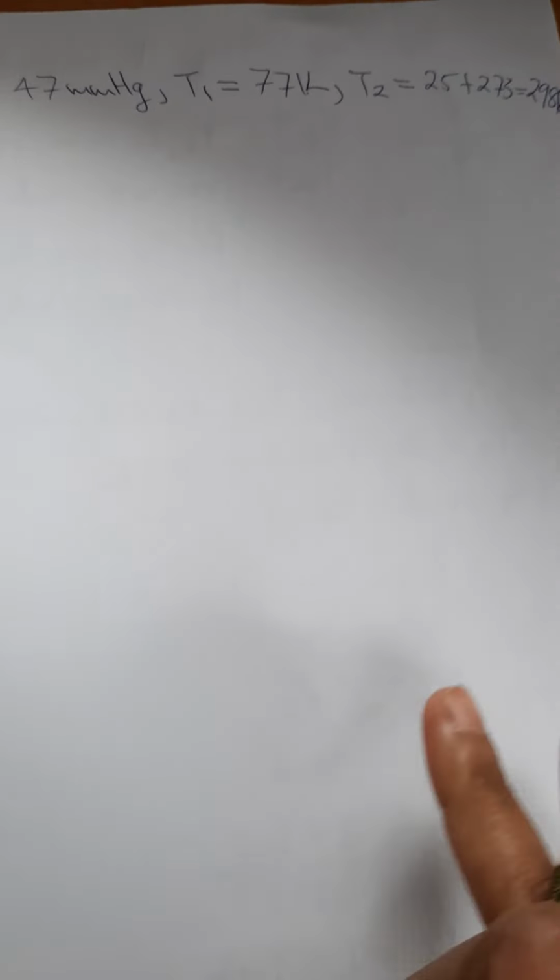What is the pressure in the container when it warms up to a temperature of 25 degrees Celsius? We're going to change that into Kelvin, so 298 K. You'll notice that 25 degrees Celsius is used quite often as room temperature.